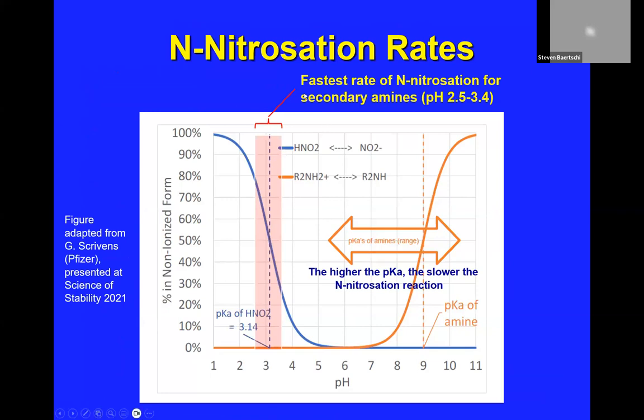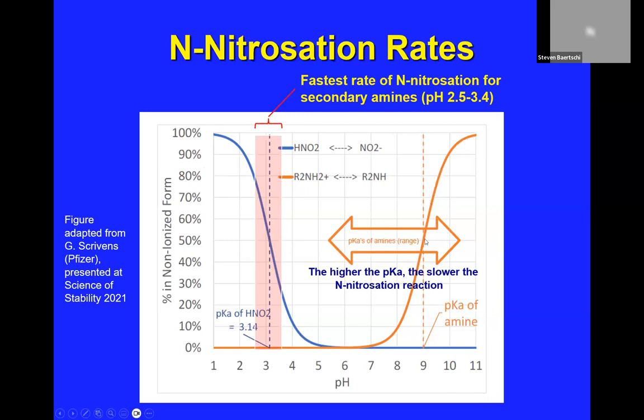The fastest rate of N-nitrosation is in this pH range, in the 2.5 to 3.5 region. And the y-axis is percent unionized form of the nitrite, and the unionized form of the amine is in the orange.